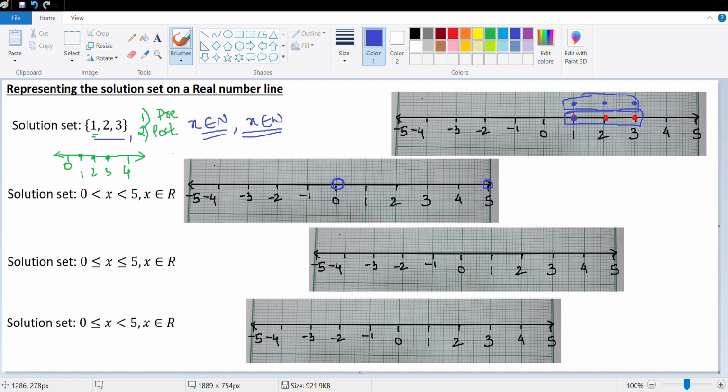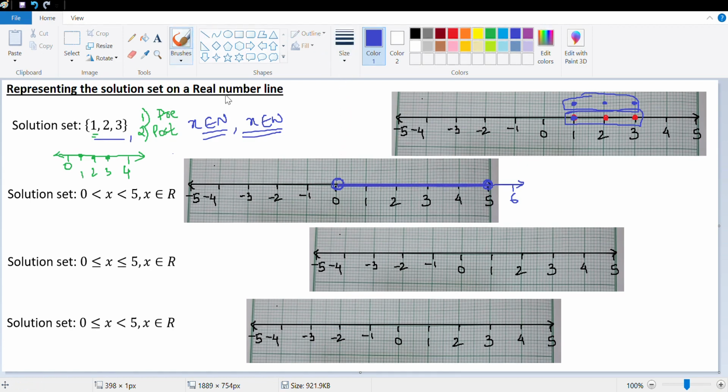A mistake that I have made is that this number line should extend up to 6, right? Because one post would be 6. After you put an empty circle on both, take a scale and join these two empty circles with a straight line.